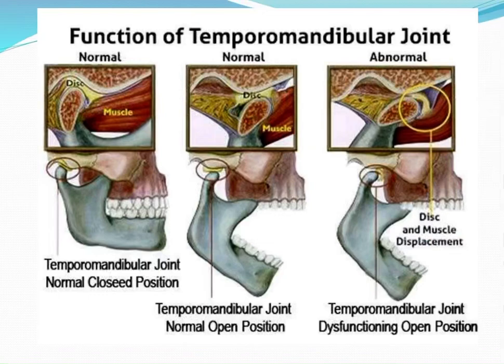And then another picture, when the mouth is opened, the disc is in its normal position. And the third picture, an abnormal function, when the mandible is opened, the articular disc is retracted anterior to the condylar process. It's abnormal.